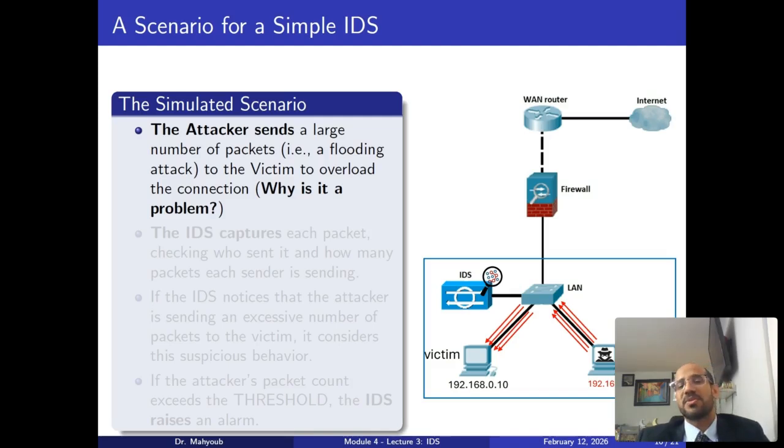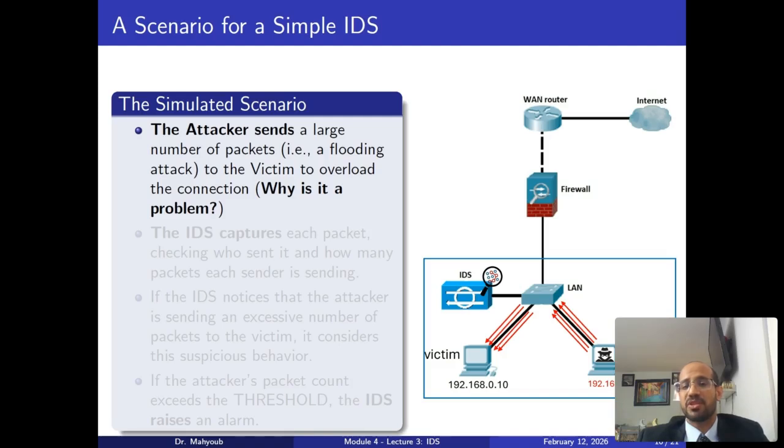So in fact, the primary goal of the flooding attack is often to cause a denial of service, as we said. As the system or the device becomes overwhelmed with handling the incoming flood coming from the attacker, it becomes less responsive or even completely unresponsive to legitimate users.